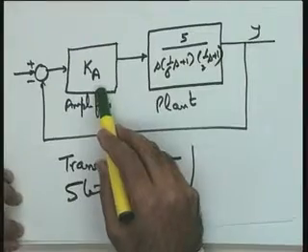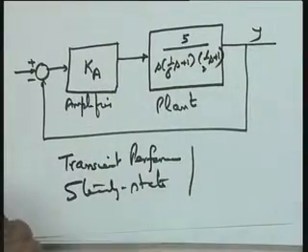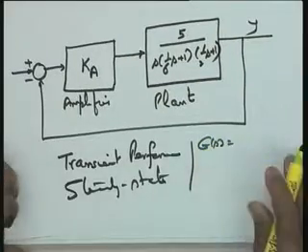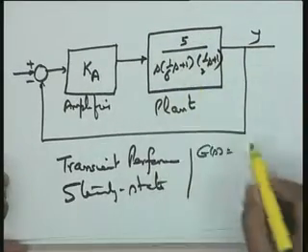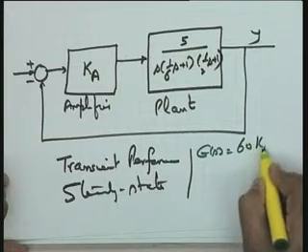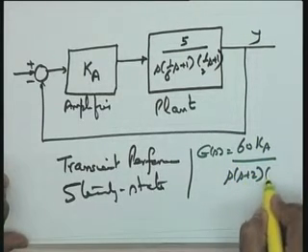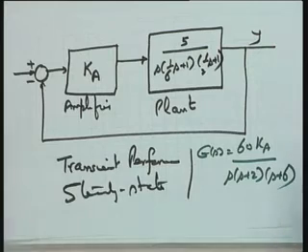Now, if I go for an amplifier design, I have only one parameter. So, if I satisfy the requirements on Kv, maybe Ka will be set to satisfy Kv requirements. Let us see how. What is G(s) equal to? G(s) equals 60 Ka divided by s into (s plus 2) into (s plus 6).